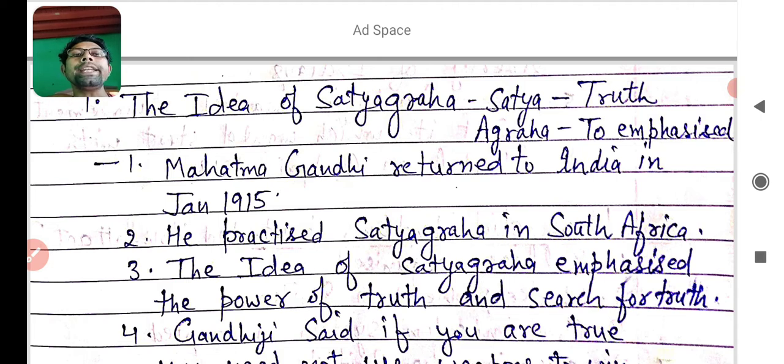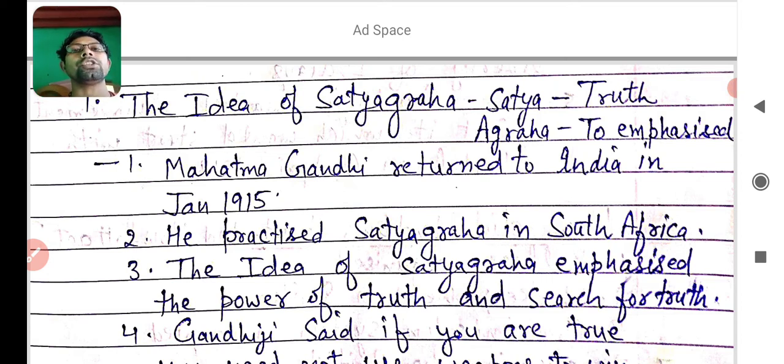And the idea of satyagraha emphasized the power of truth, as we discussed in the first line. The idea of satyagraha emphasized the power of truth and the search for truth also. You should focus on searching for truth.